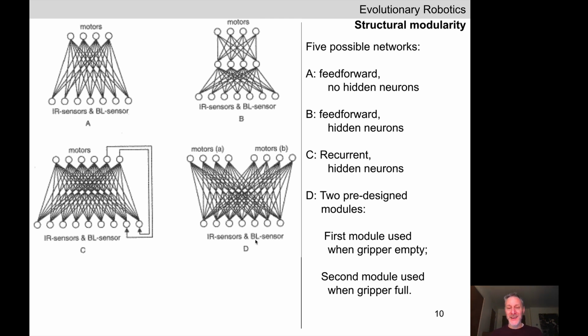Cognitive architecture D, this is the human investigators' attempt to force modularity on the neural network and thus on the robot's behavior.